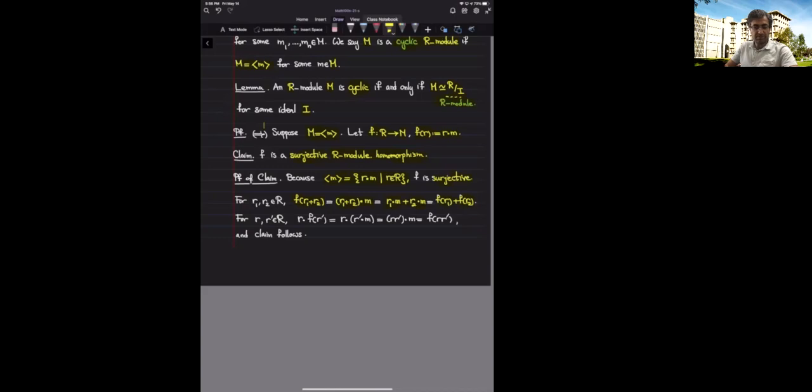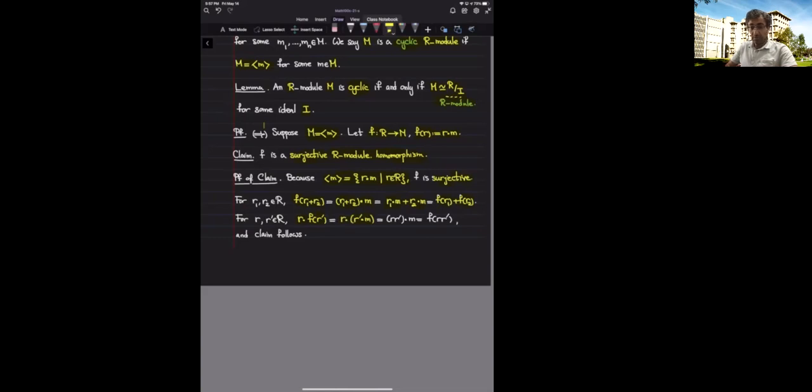Now let's see why it preserves scalar multiplication. So let's pick an arbitrary scalar r and some arbitrary element r prime of the domain, and ask ourselves whether or not r times F of r prime is the same as F of r times r prime. What is F of r prime? F of r prime is nothing but r prime times m. So I need to multiply r by this.